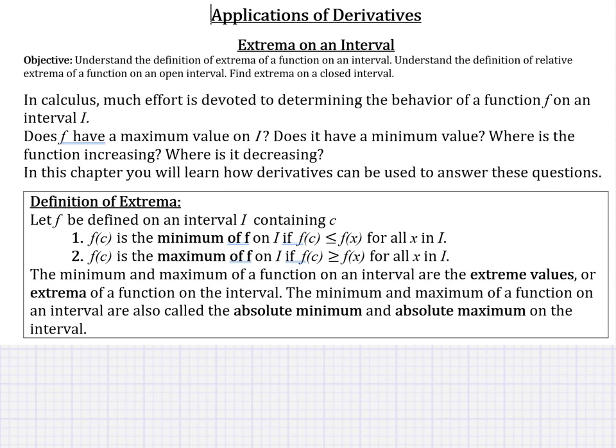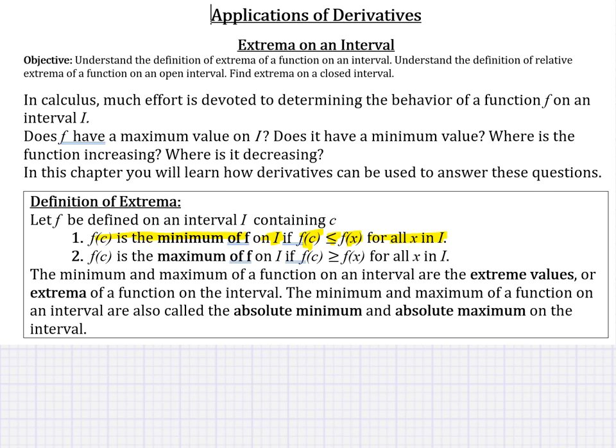So we would say that f of c is a minimum of some function on an interval I if f of c is less than f of x for all x in I. What does that mean? Well, you think about it.